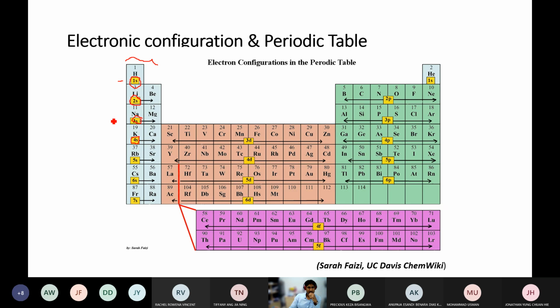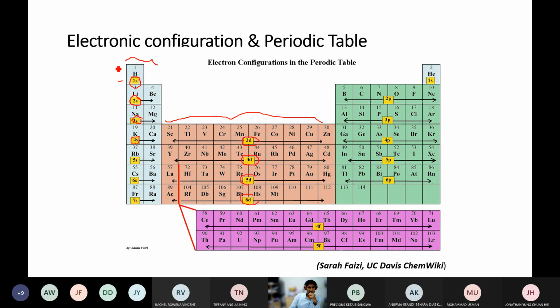So 1s, 2s, 3s, 4s, 5s, 6s, it goes down in this way. For the D block metals, we see scandium, titanium, chromium, and so on, they all have 3d, and then the next period they have 4d, 5d, 6d in this way.